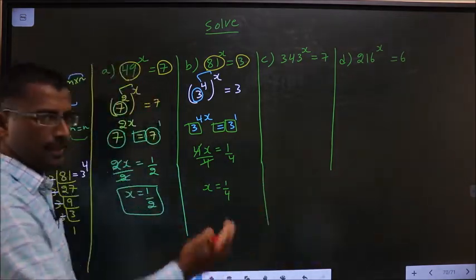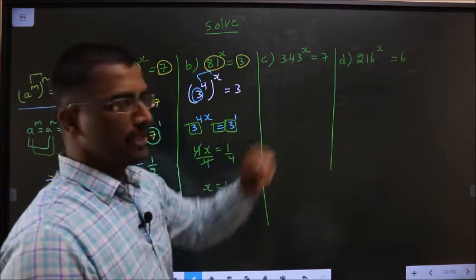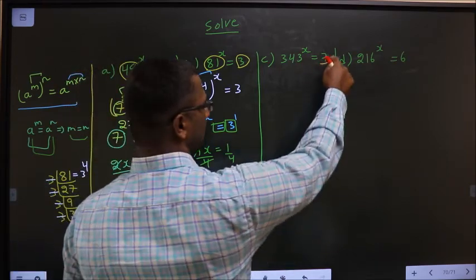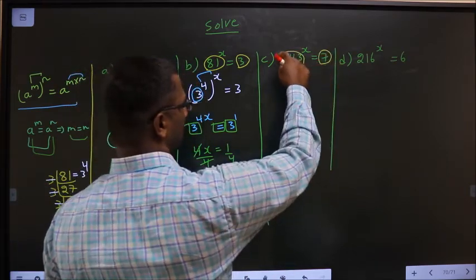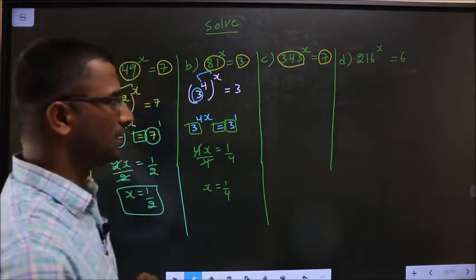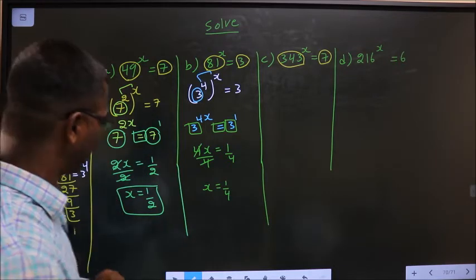Okay. Now the next one. 343 power x equal to 7. Your observation here is the base is 7 and here the base is 343. So let us rewrite 343 also with the base 7. For that we should take LCM.